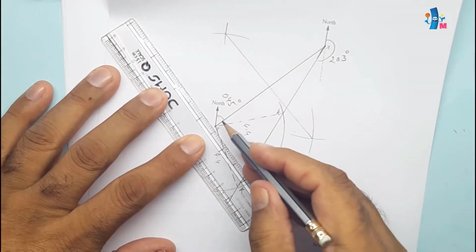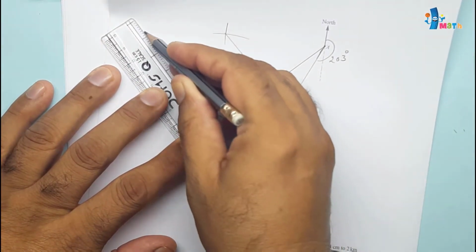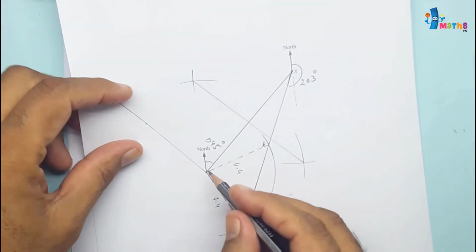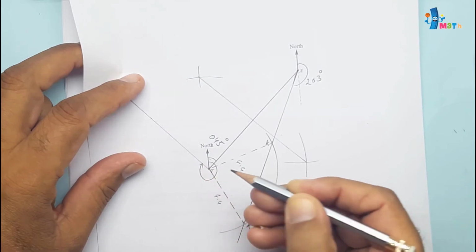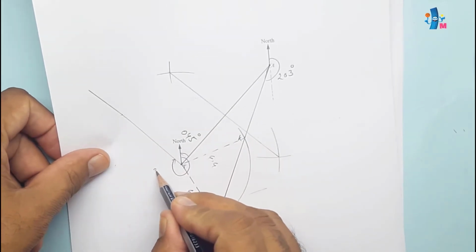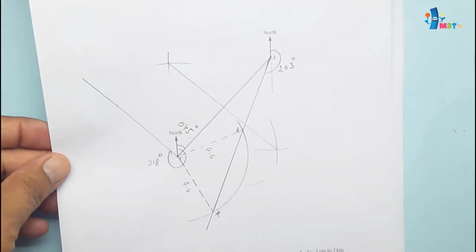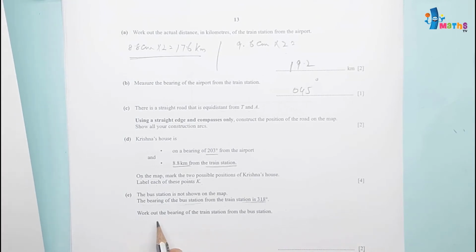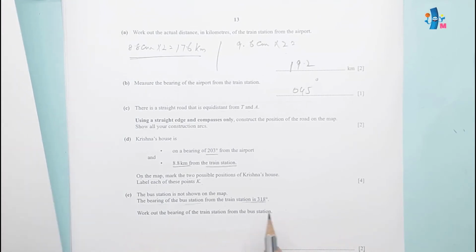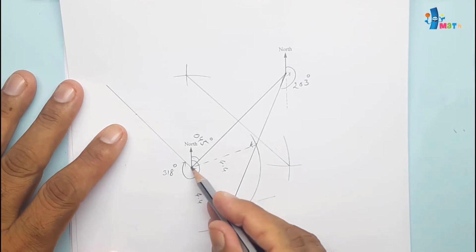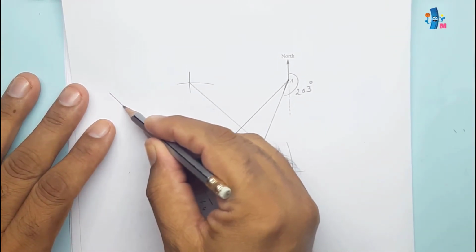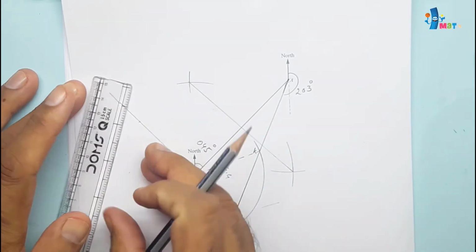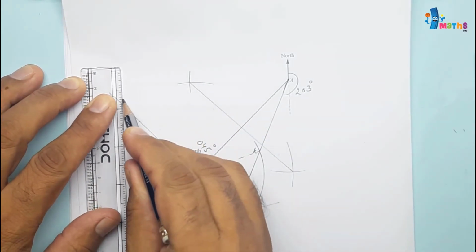This will be the bearing, and this whole bearing starting from here till here is 318. So we can write here 318 degrees. Work out the bearing of the train station from the bus station. Say for example, if it is over here, so we can draw north like this one.